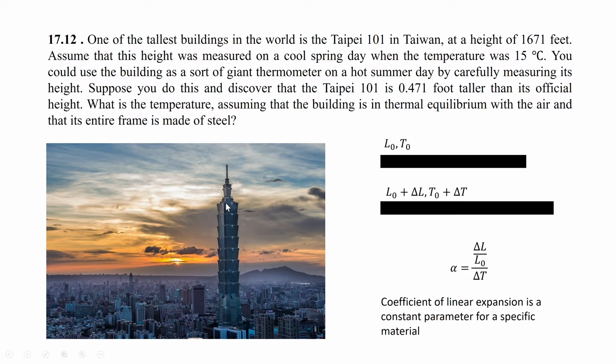This is a very famous building, and if you have any chance to travel to Taiwan, it's very good to visit it. We know the height of this building is 1671 feet, and assume this height was measured in the cool spring, when the temperature is 15 degrees Celsius.